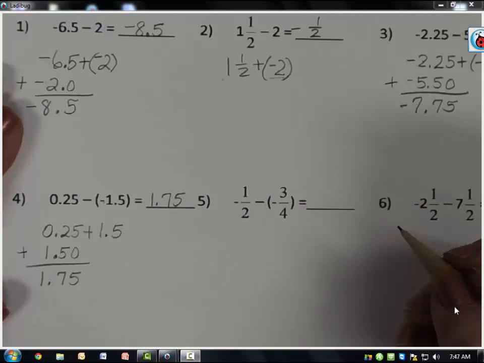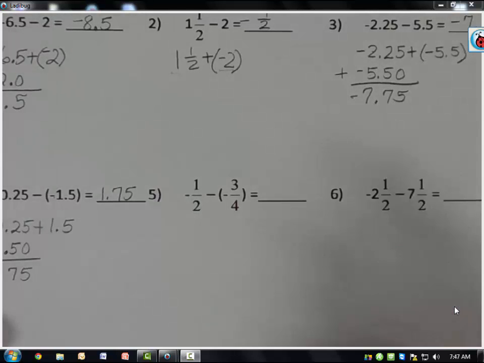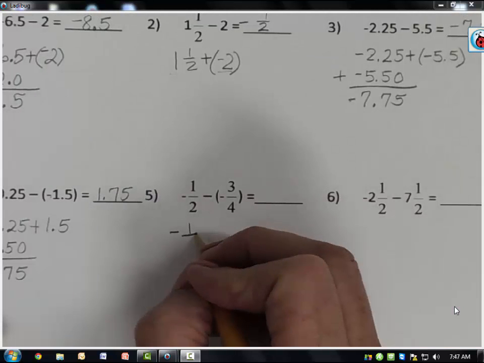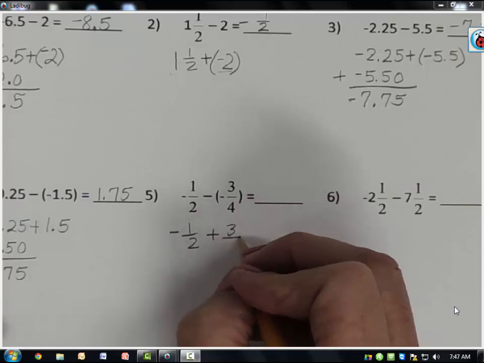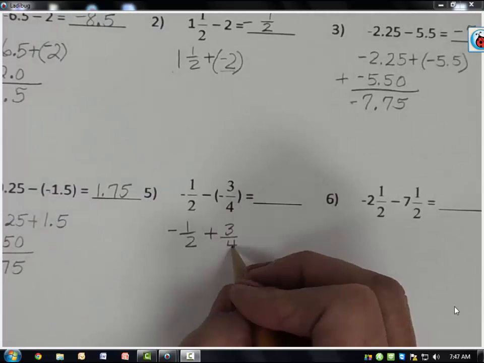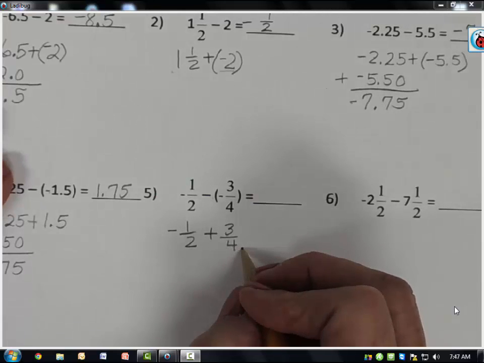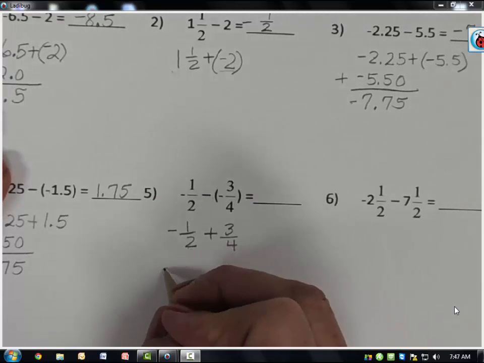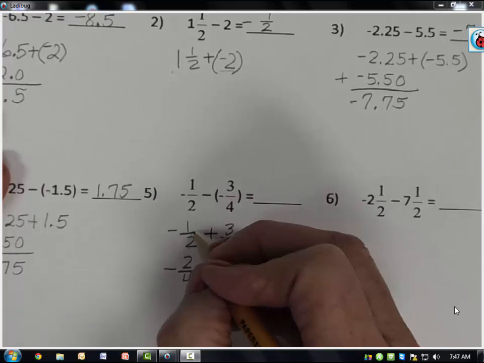Next, negative 1/2 plus positive 3/4. This time we have to find a common denominator. Between 2 and 4, 2 actually goes into 4, so we're going to use 4 as the common denominator. We change 1/2 to negative 2/4 because we had to multiply both of these by 2 to get 2/4.